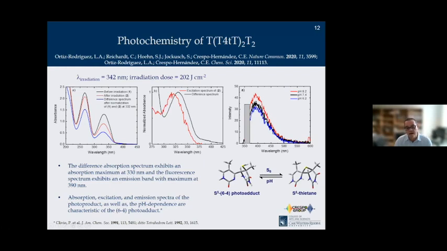pyrimidone component of it. And not only that, if we now take the irradiated solution and excite at 330 nanometers and obtain the emission spectra, we obtain emission spectra that emit, I'm sorry, here, that emit at 390 nanometers.